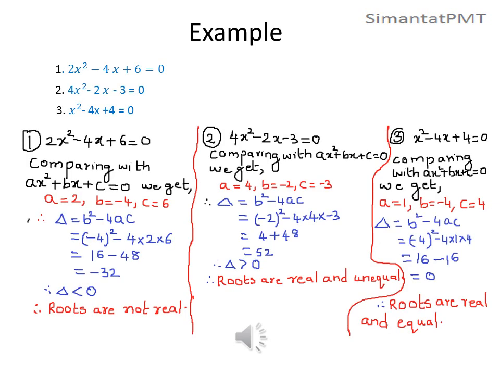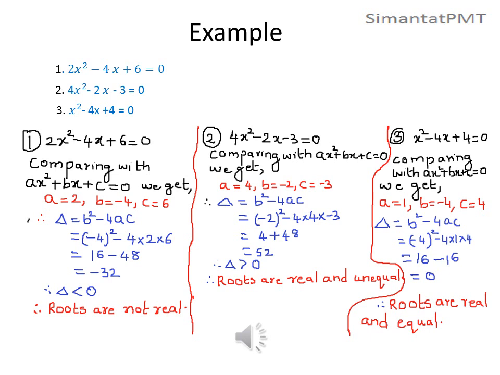Let us now have a look at examples where we will determine the nature of the roots. The first example, 2x square minus 4x plus 6 equal to 0. Compare with ax square plus bx plus c equal to 0. We get a equal to 2, b equal to minus 4 and c equal to 6.